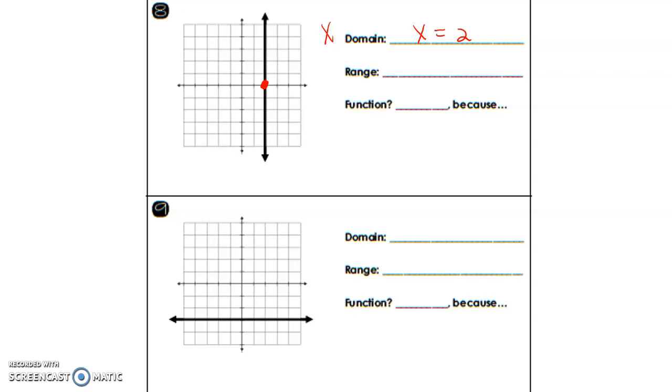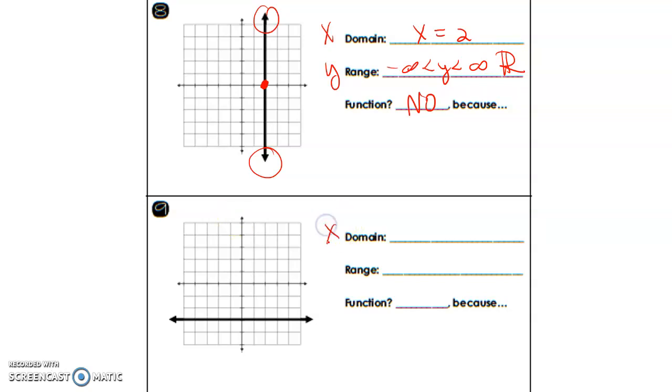My range goes from arrow to arrow, so all real numbers. And again, you can just write out the words all real numbers. So these are like special cases, vertical and horizontal lines. Is it a function? No, the vertical line does not pass the vertical line test.